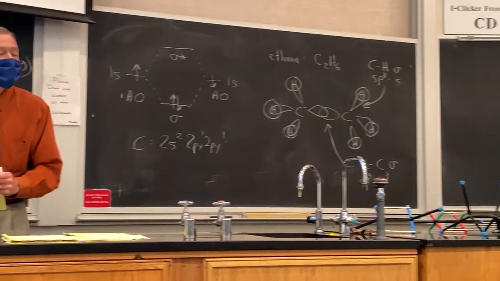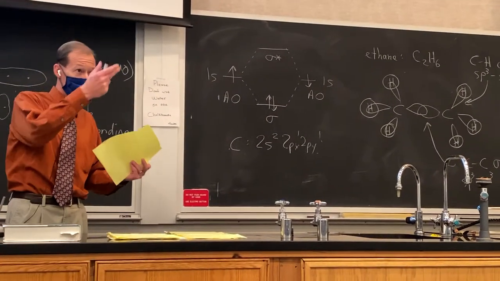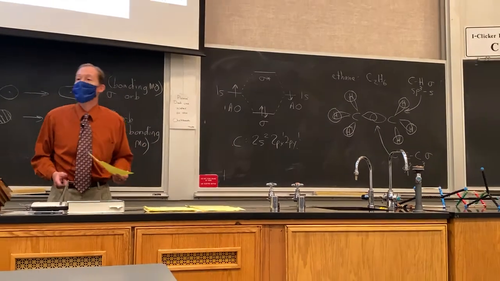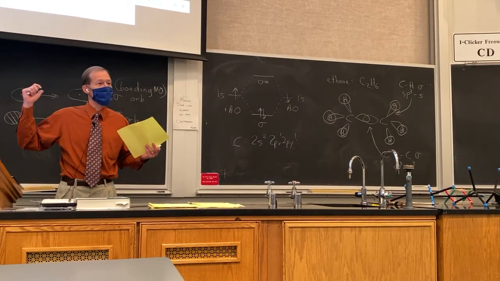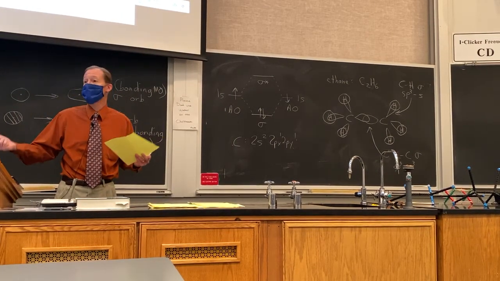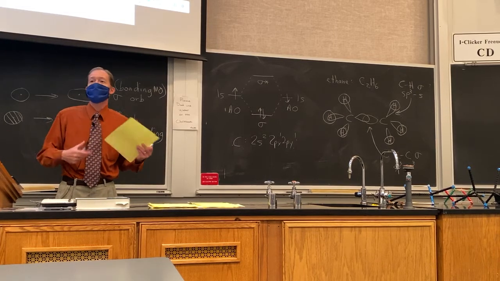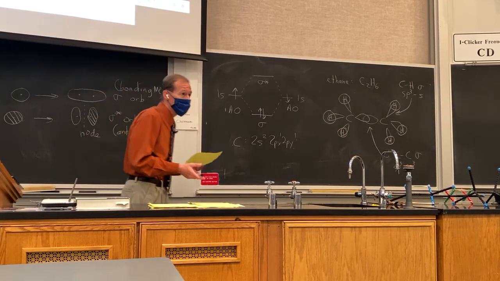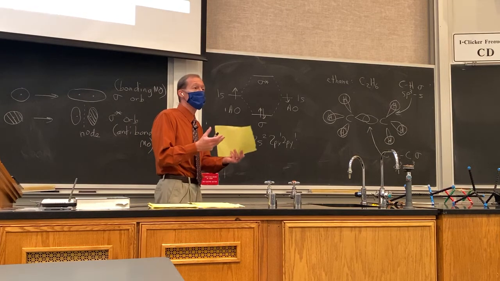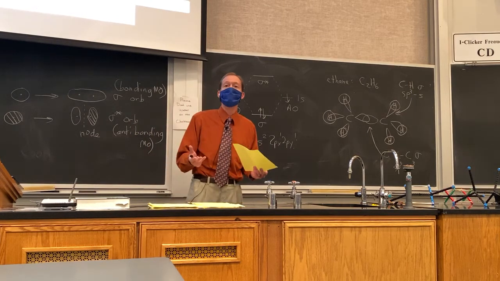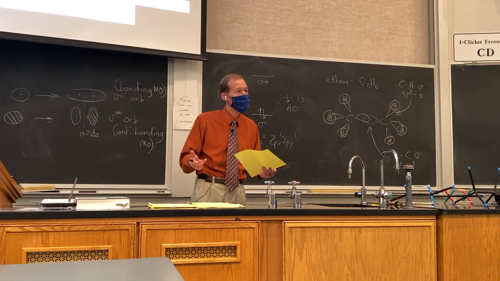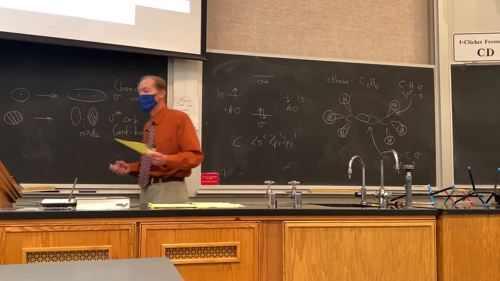Don't be shy. VSEPR theory says trigonal planar. Okay, so sp3 hybridization does not fit trigonal planar geometry. So we have to have a different type of hybridization to explain how we can have three different groups attached to a carbon. And what is that hybridization? sp2, exactly.